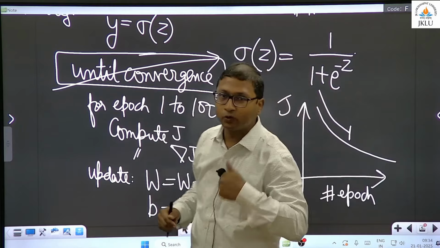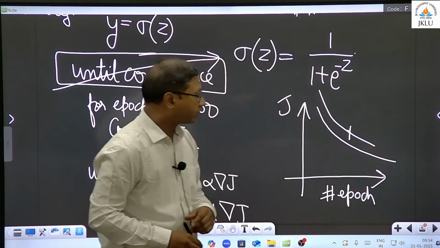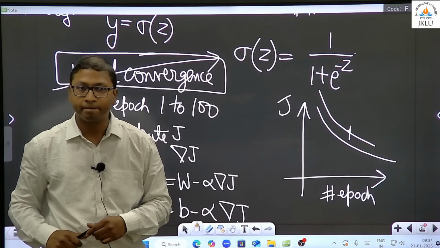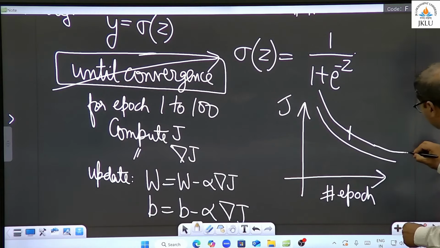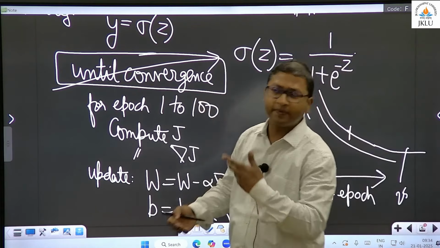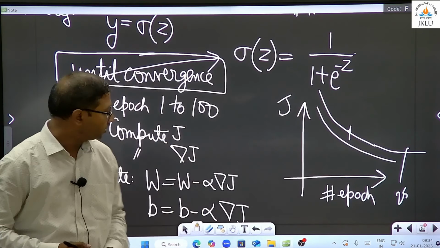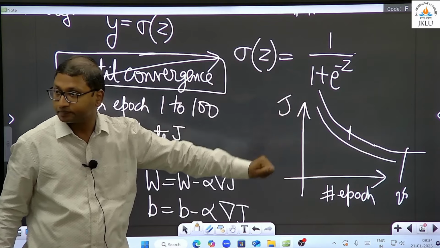Let's say I increase it to 10 and I go somewhere here. What do I do in this case now? Still increase. Let's say I increase it to 100 and I see something like this, and here it becomes, let's say, 25. Then from this particular figure I can see that I don't really need to go all the way until 100, maybe 30. Okay? This is the most important curve that gives us intuition.